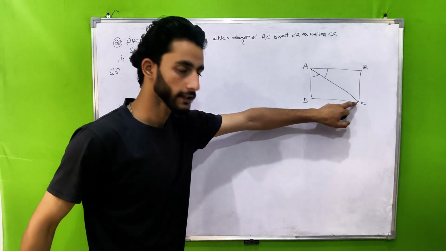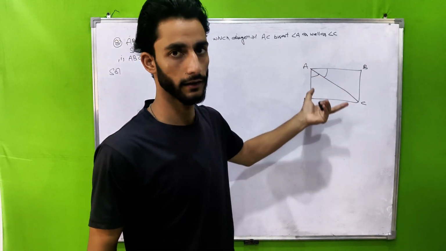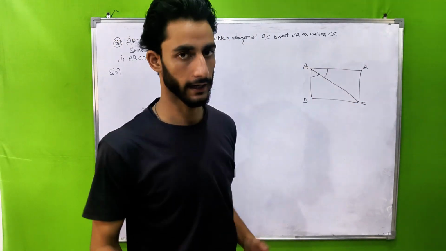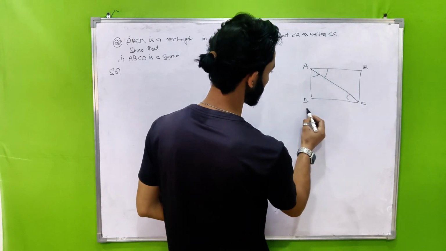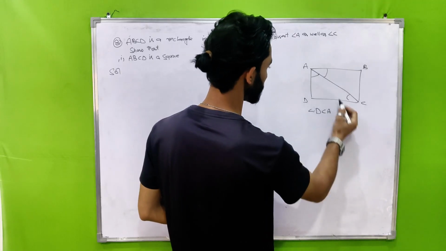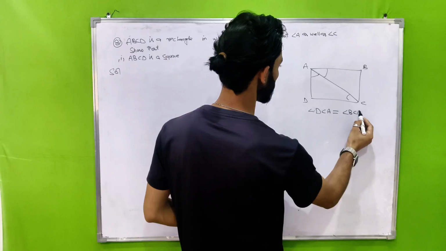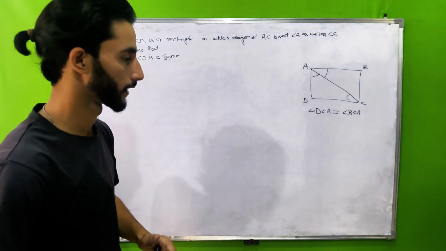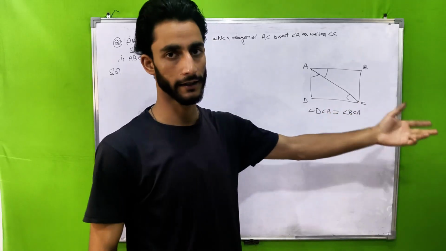Also, angle C gets divided into two equal parts by this bisector AC, which is the diagonal of this rectangle. Implies the angle DCA is equivalent to angle BCA. Also, we know that each interior angle of a rectangle is 90 degrees. Therefore, angle C is equal to 90 degrees.